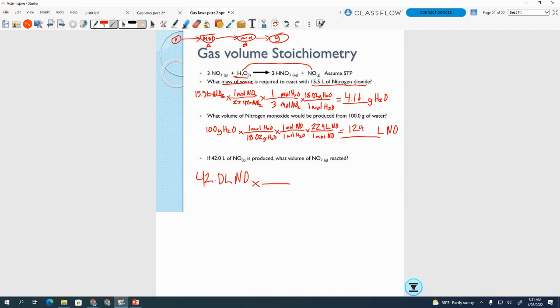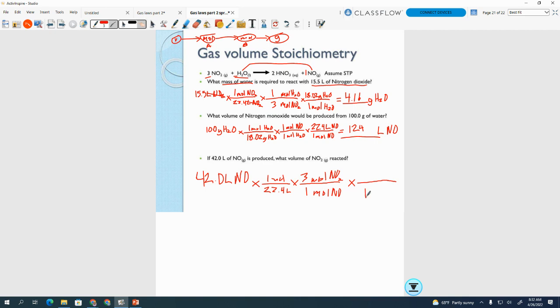again, we have the whole 22.4 liters to 1 mole. And then we have our mole ratio of 1 to 3. So 1 mole of NO for every 3 moles of NO2.